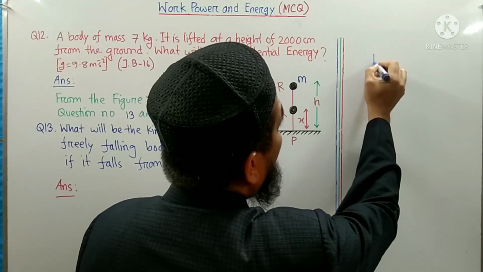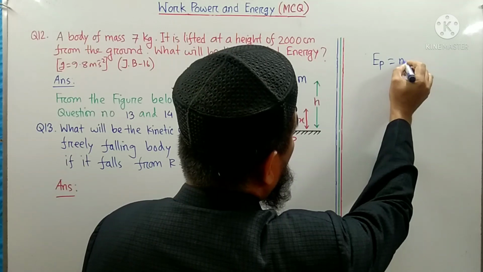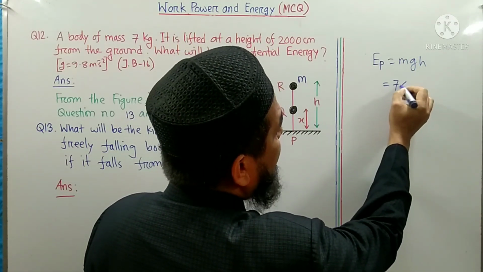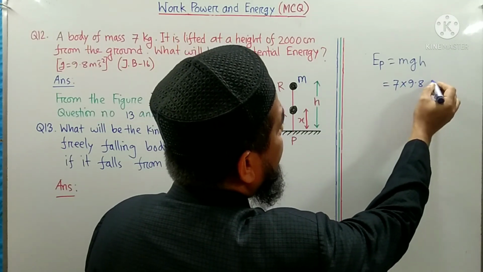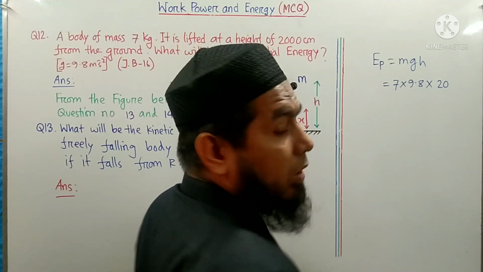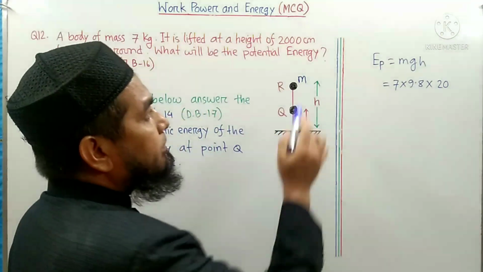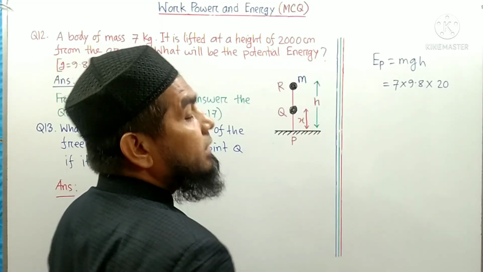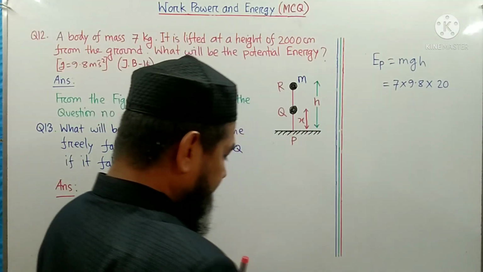So we know potential energy Ep is equal to mgh. Here m is equal to 7, g is equal to 9.8 and h is equal to 20 meter, because we know 1 meter is equal to 100 centimeter. So 2000 centimeter is equal to 20 meter.